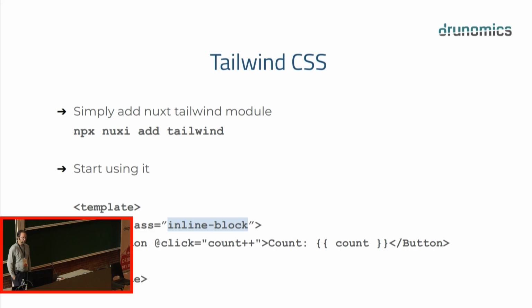With the default configuration, you can already start using it and just use utility classes from Tailwind, and they just work. In this example, you could just apply inline-block. If you like Tailwind CSS, as it's quite popular in the modern JavaScript world, it's quite handy to have.